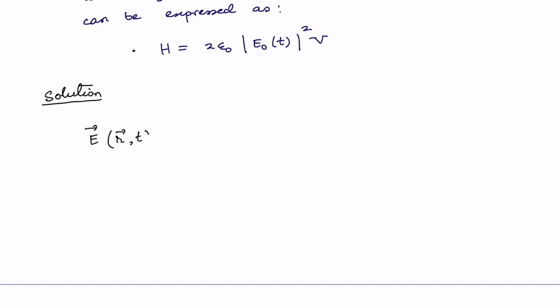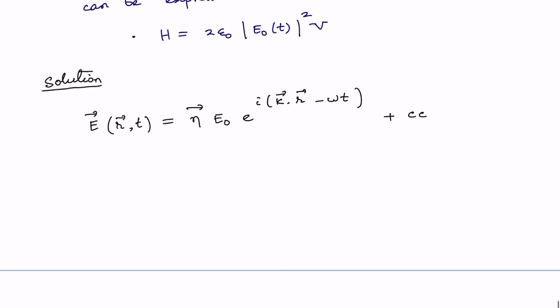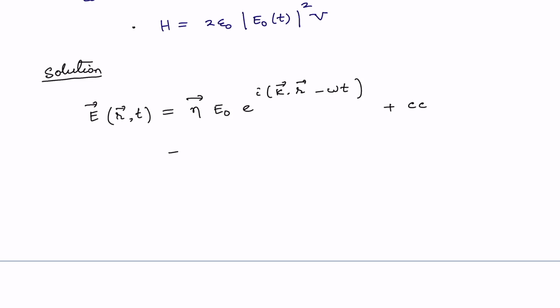E of r,t is equal to eta, this is the polarization direction, E0, this is the amplitude of the electric field, and then we have e to the power i(k dot r minus omega t), and because the electric field is real, it has to also be followed by the complex conjugate. Or we can also write it just like this, the time dependent part we can put in the amplitude E0 of t, then we write simply e to the power i k dot r plus complex conjugate.